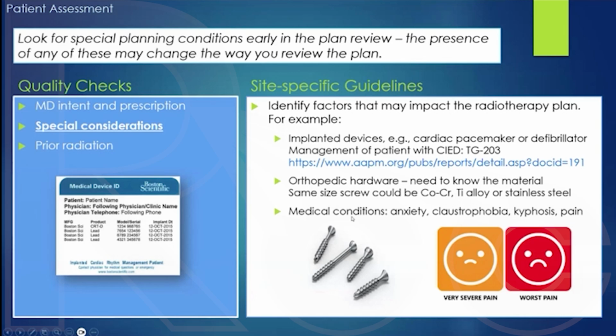Patients may have medical conditions like anxiety, claustrophobia, kyphosis, they may be in pain. And all of these things are considerations because we need to have the patient comfortable in a position where they can hold still for the duration of treatment in order to very precisely and accurately guide a very high dose to the target without missing it or over irradiating a tissue nearby that's radiosensitive.